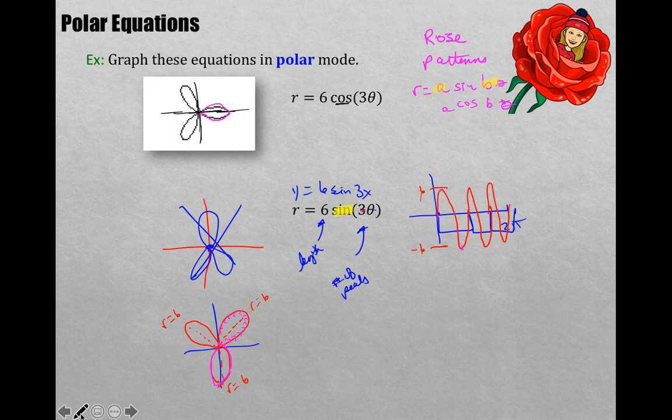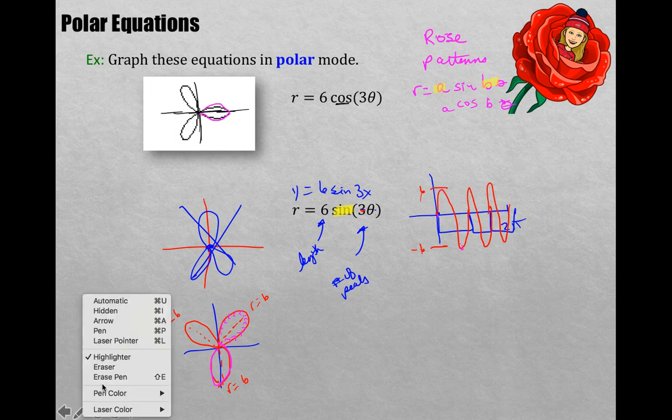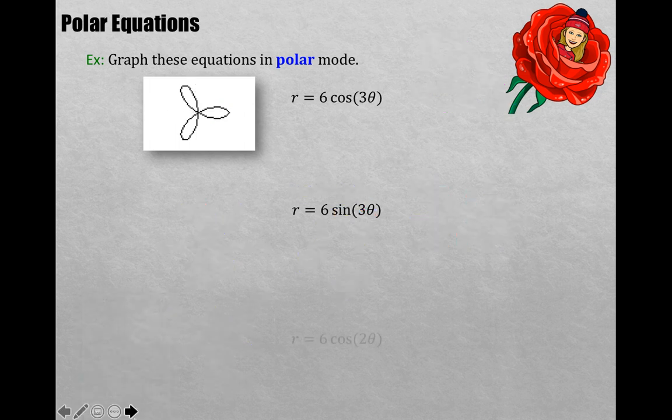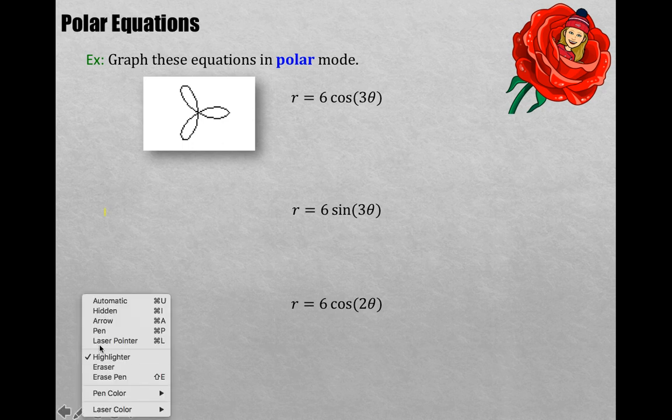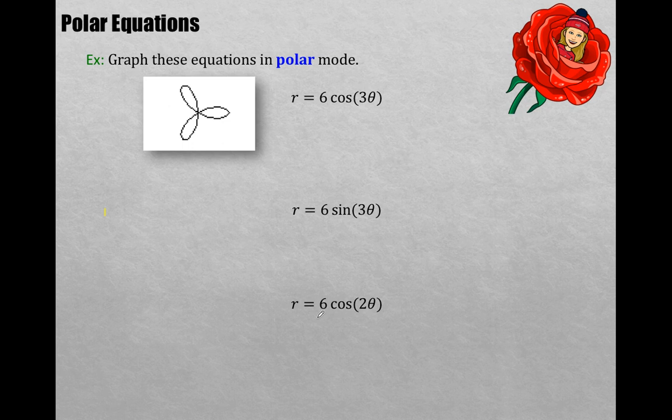All right, cool. So then this should be easy to match. Look at these next equations. This should be a rose because I have amplitude, sine or cosine, B, which tells me how many times in a distance of 2 pi I've got to complete a cycle, right?